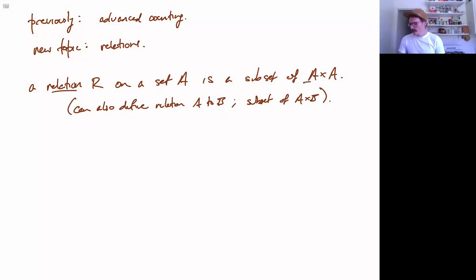So they're going to be subsets of A cross A. And relations, like sets and functions, are really ubiquitous in math. So it's a foundational tool in any context where sets are used, which is everywhere. So they really show up a lot of places.